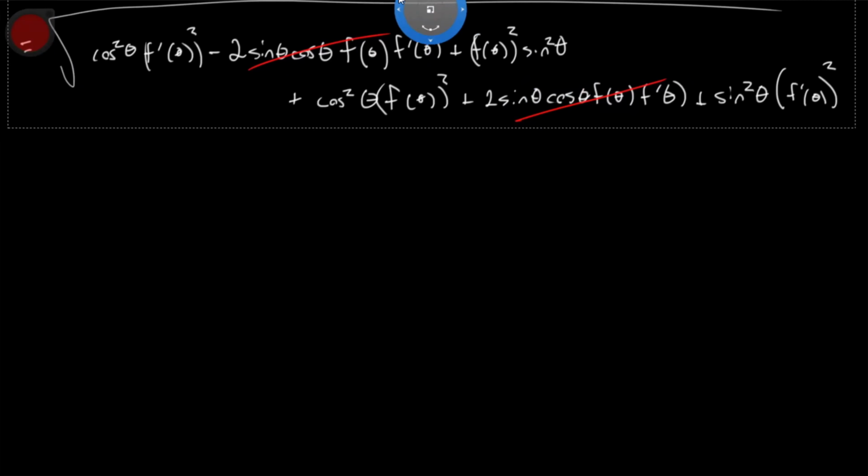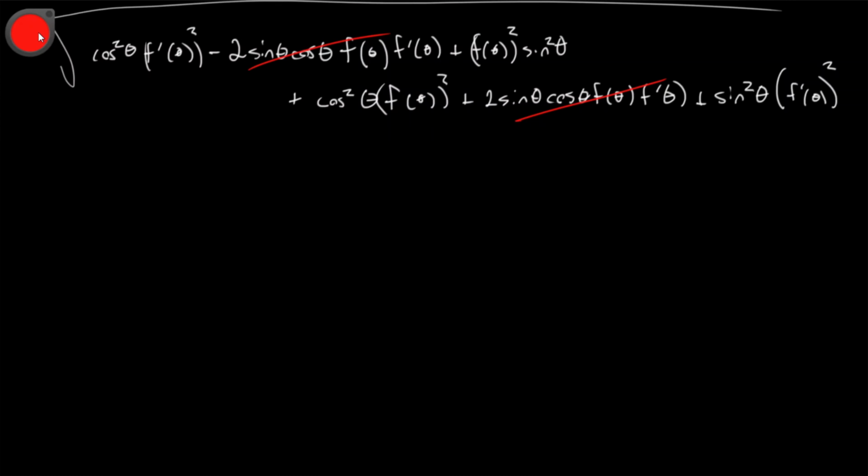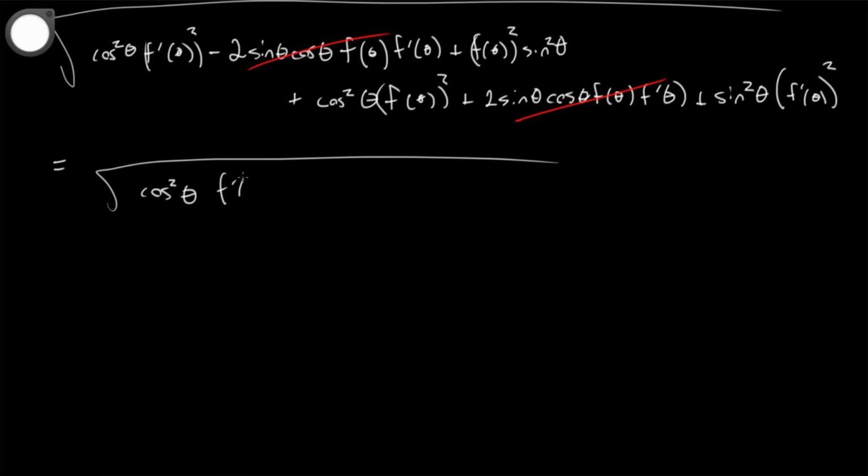And there we are. All right, so we are left with a cosine squared theta f prime quantity squared. That went away. We have a plus f theta quantity squared sine squared.